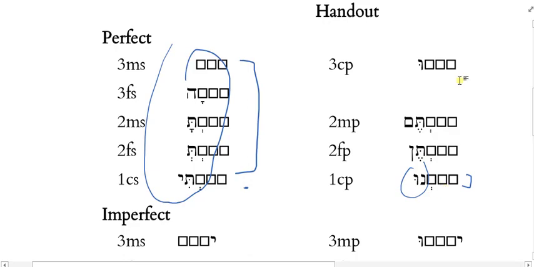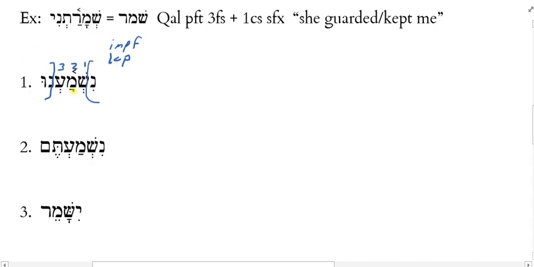So let's take a look at that form again. You see Nishmanu here. Am I expecting a hireq under the nun for a Nifal perfect prefix nun? Yeah, Nifqad is my paradigm form, my model form in the principal parts for the Nifal perfect, Nifqad. And that has a hireq under the nun and a silent Sheva here under root 1.